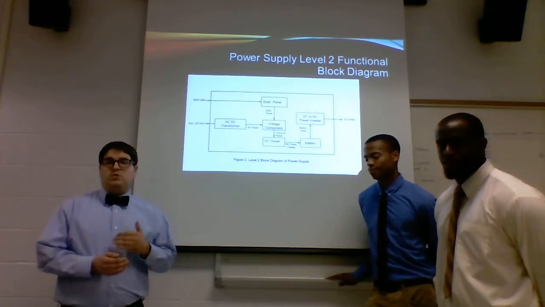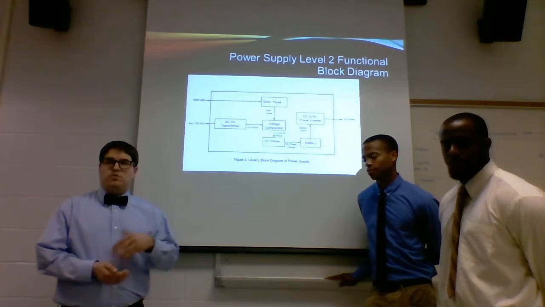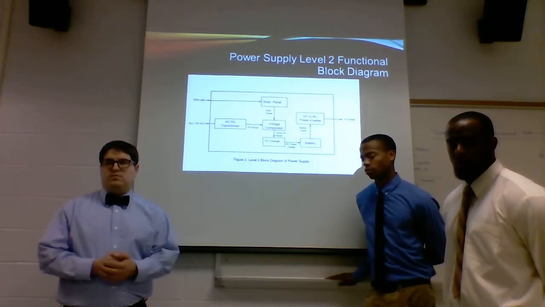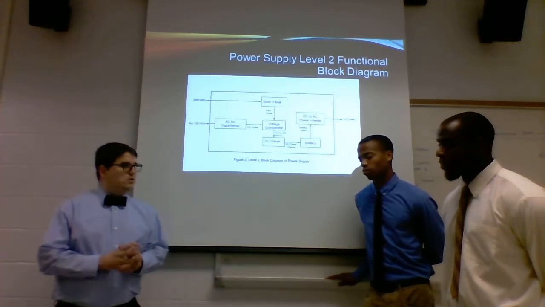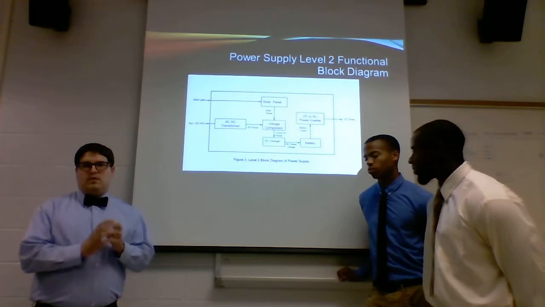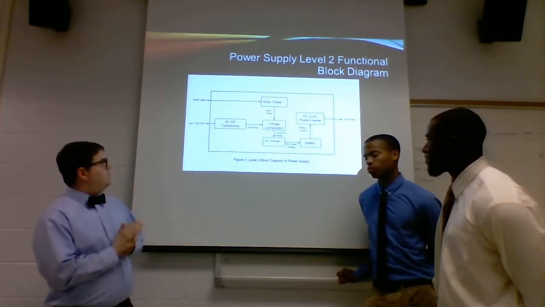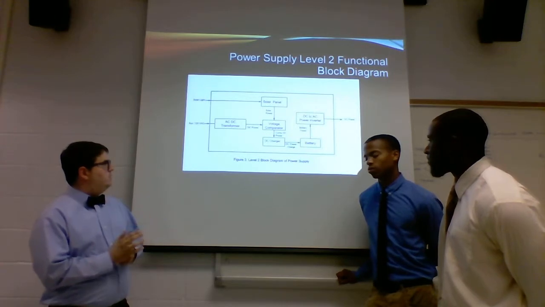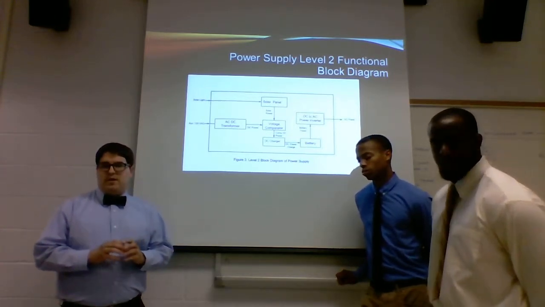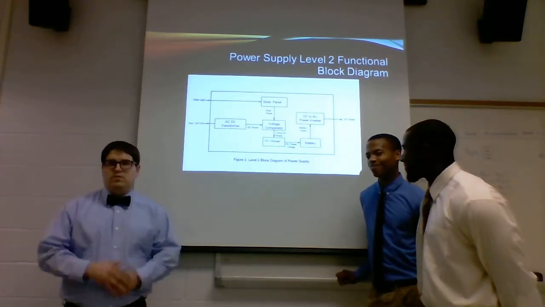The DC charger is going to charge the battery, and then the battery is going to power a power inverter, which powers the rest of the system. Previously, many items were in one block in our previous level 2 diagram. The voltage comparator, the DC charger, and the power inverter have been identified, and this is the route we are going in with the power supply.